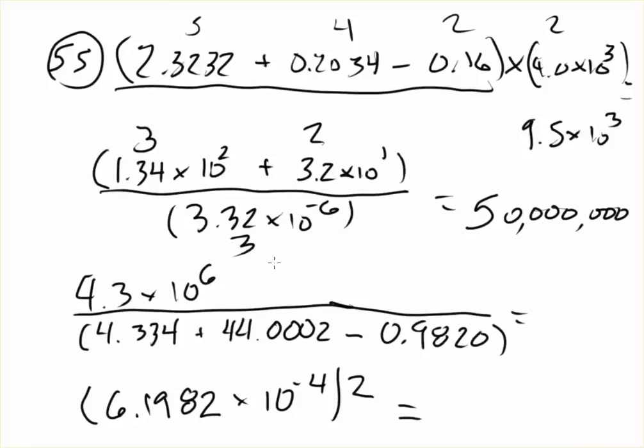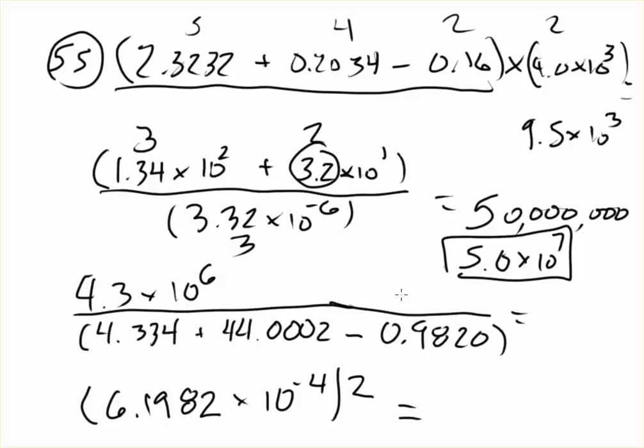And so on 55B, your answer should only have 2 significant figures. So you should write 5.0 times 10 to the 7th power. I think actually the book may have that one wrong. So it should be 5.0 times 10 to the 7th power.